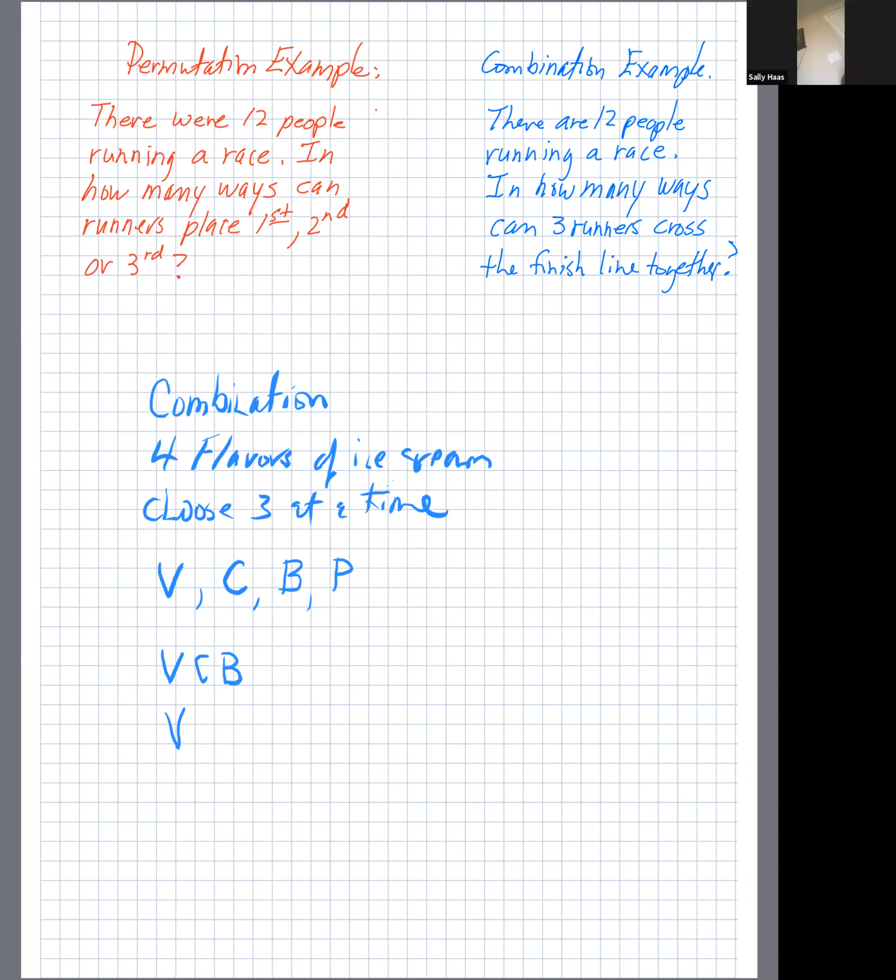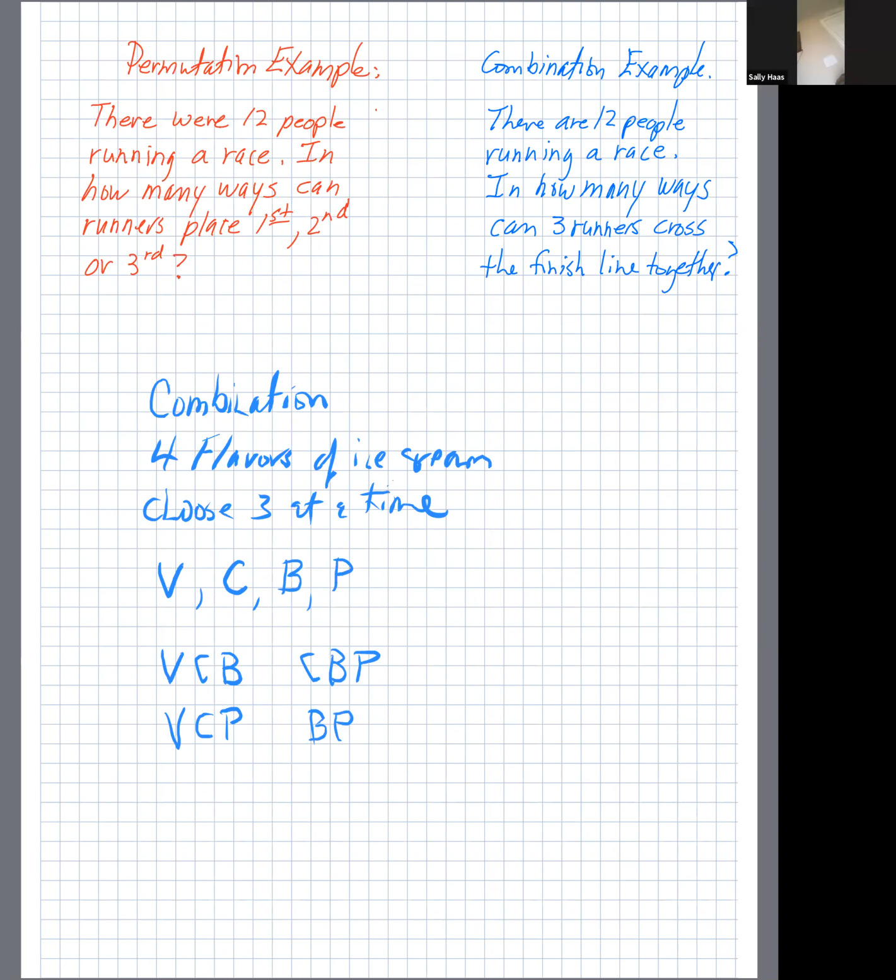We could also have C, B, P. That's another combination right there. And the only other one that we have left would be what? B and P could go together. How about with B? Is that a different one? Yeah, that's a different one. Okay. Now, I think that's all the different ones we could have.